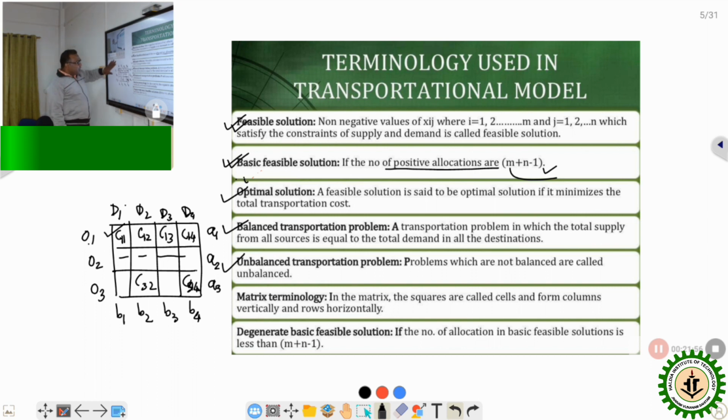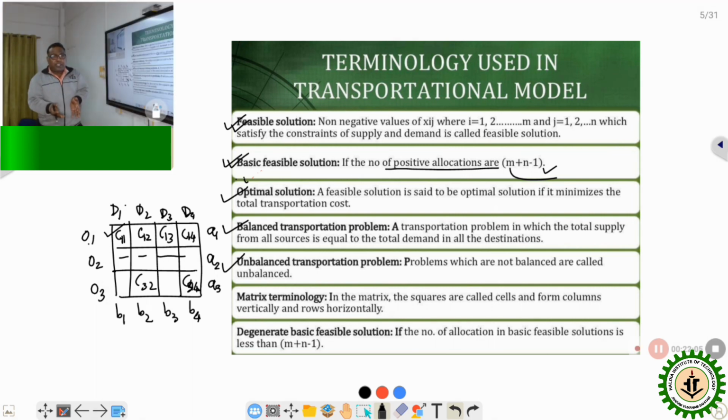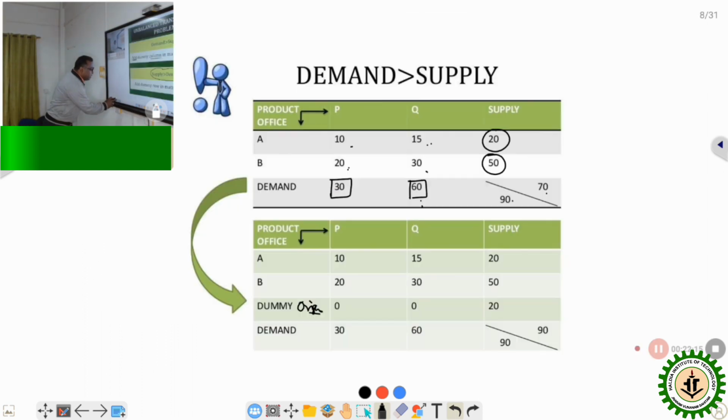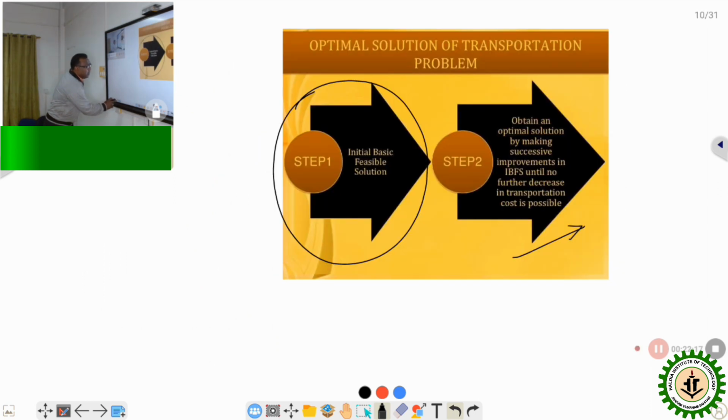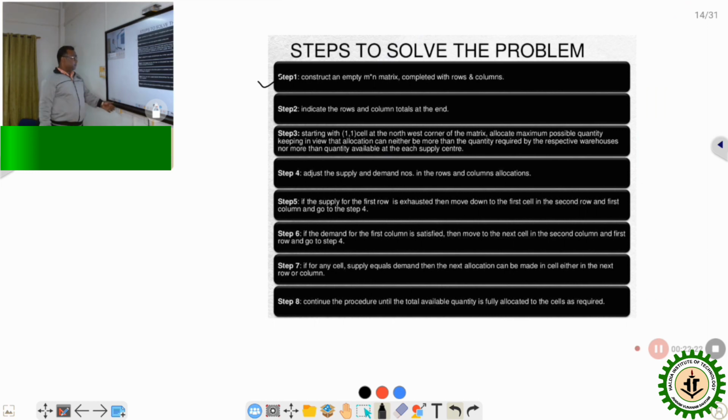If you delete this row or delete this column, then you will find a new matrix, and for the new matrix you can find what the northwest corner is. So that's how we go to the second and third steps.